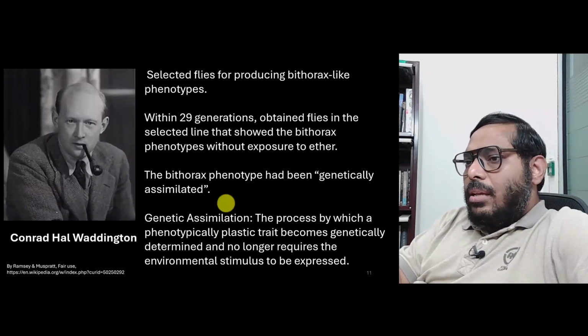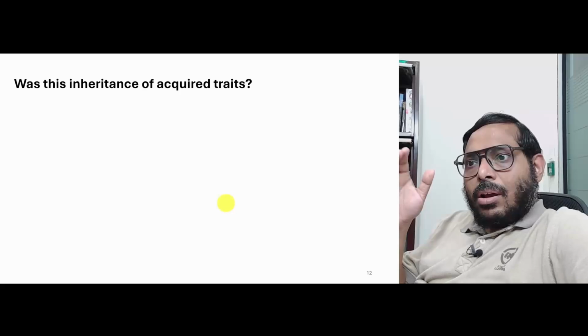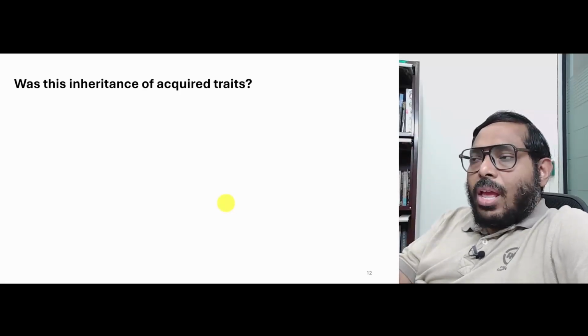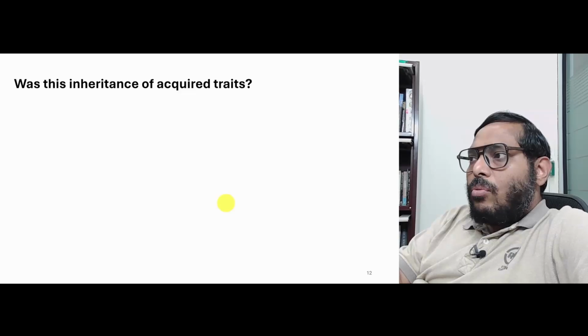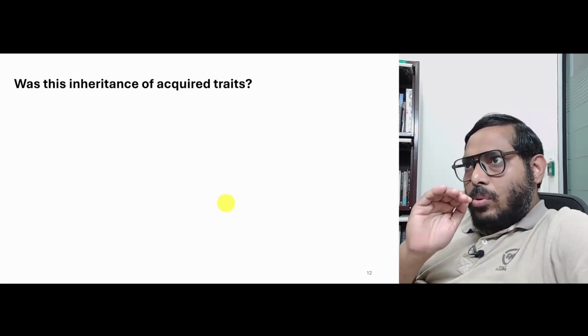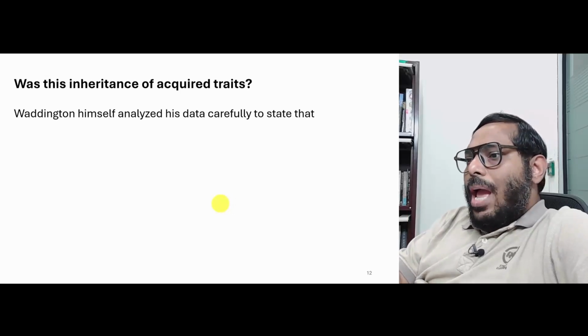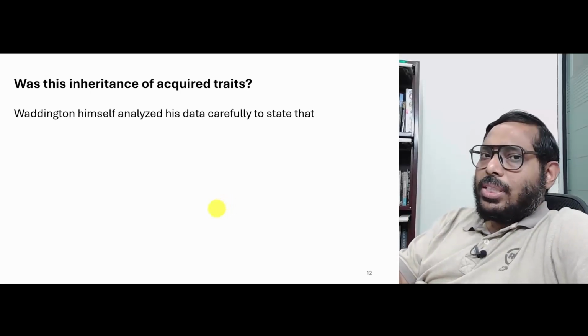As I said, this on the face of it looks like inheritance of acquired traits, but Waddington actually went out of his way, and he looked at his entire data and did all kinds of experiments to actually show that that was not the scenario.